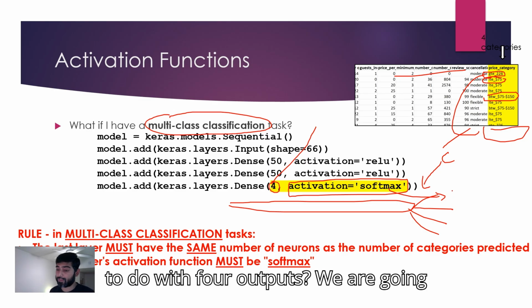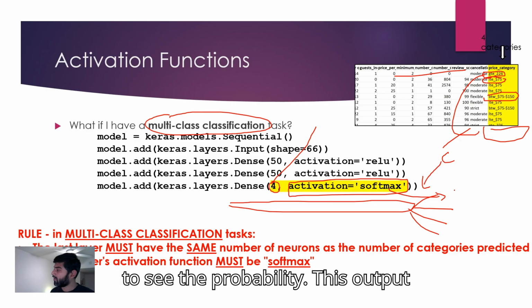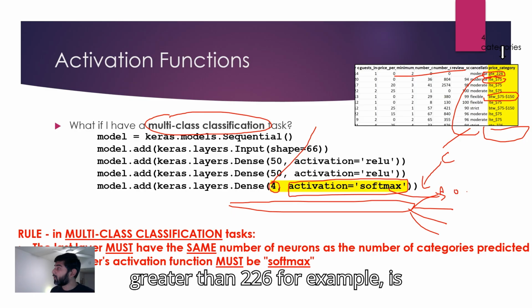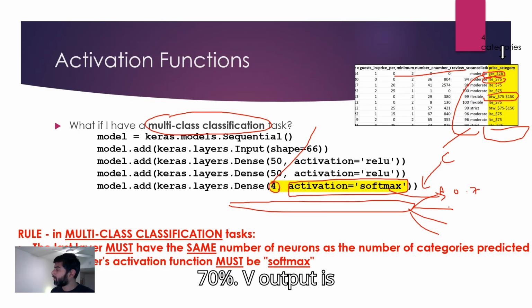What are we going to do with 4 outputs? We are going to see the probability. For output A, the chance of being greater than 226, for example, is 70%. Output B is just 10%. The other one is 20%. And this D output is 0%.